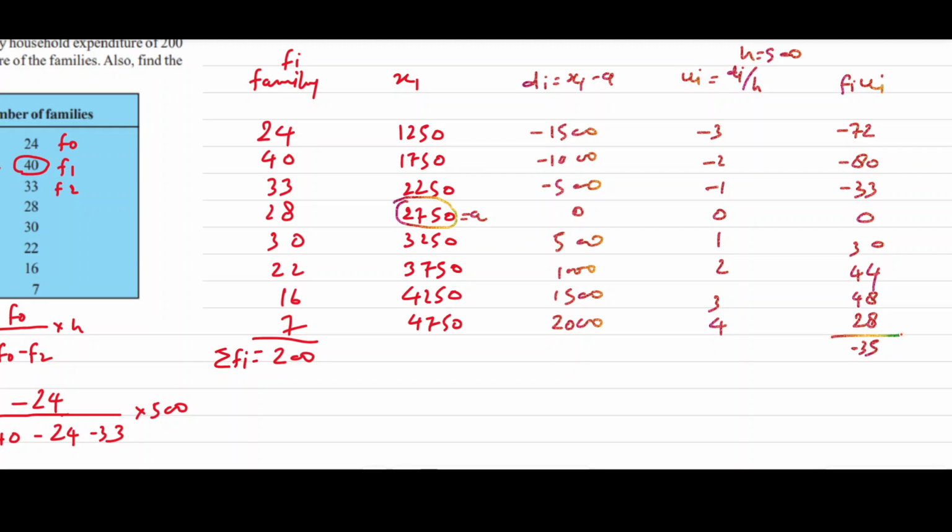After solving we will get minus 35. Clear? Now this is sigma fi ui.